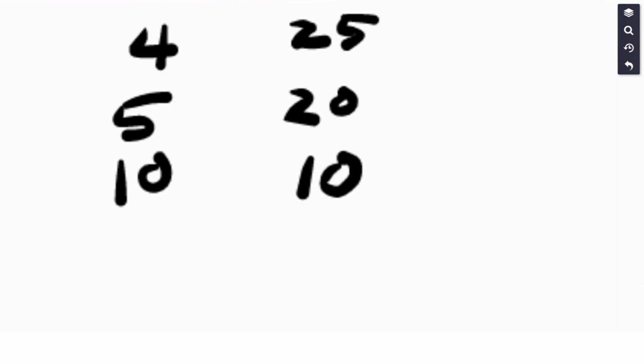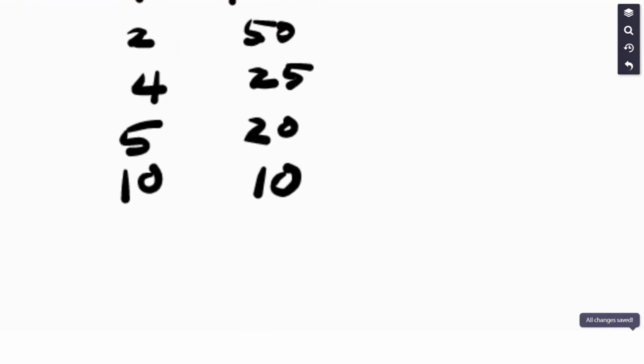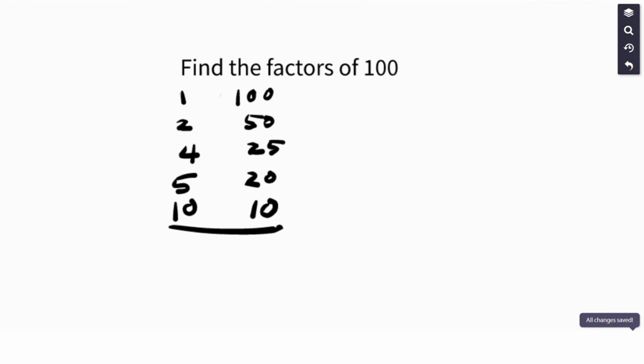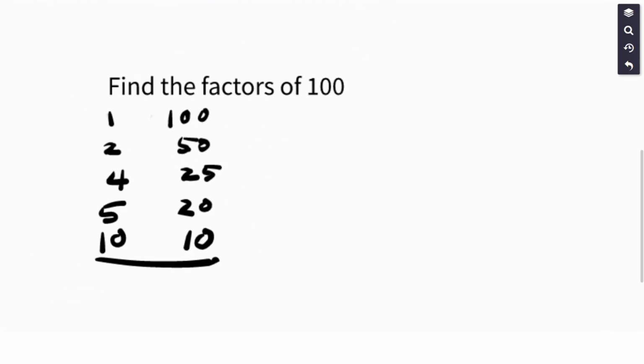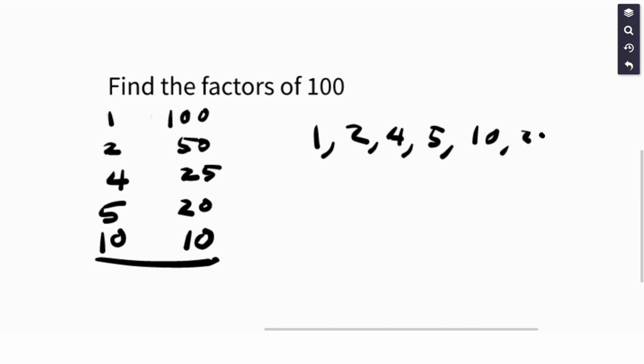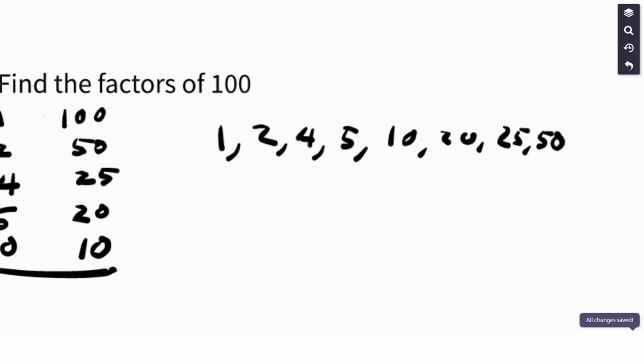And because 10 and 10 are like this, that's going to be the end, and there will be no more new factors, so we know that the factors of 100 will be 1, 2, 4, 5, 10, 20, 25, 50, and I'm running out of room, and 100.